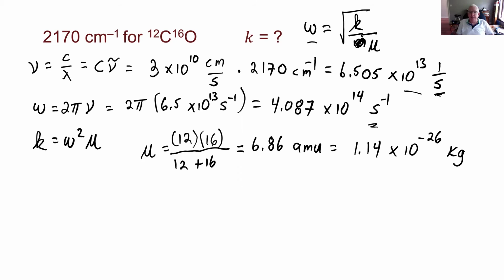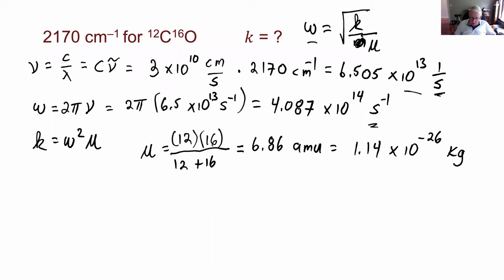Again, I think I mentioned last time, if you're stuck converting AMUs into other mass units, you can always use the fact that a mole of AMUs equals a gram. To get from 6.86 to that 1.14 times 10 to the -26, I could divide by Avogadro's number and then divide by 1,000, and I should land at the reduced mass in kilograms.